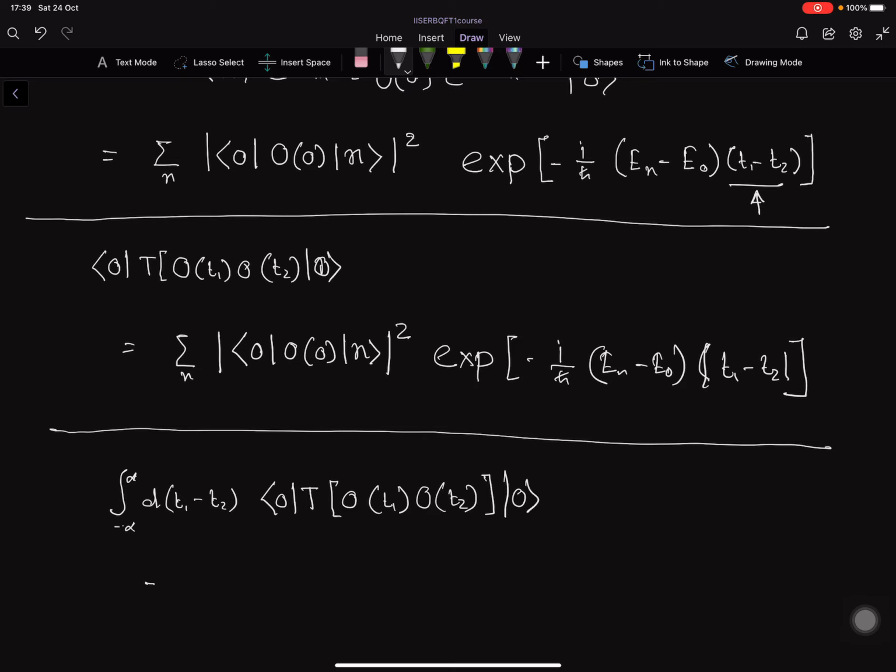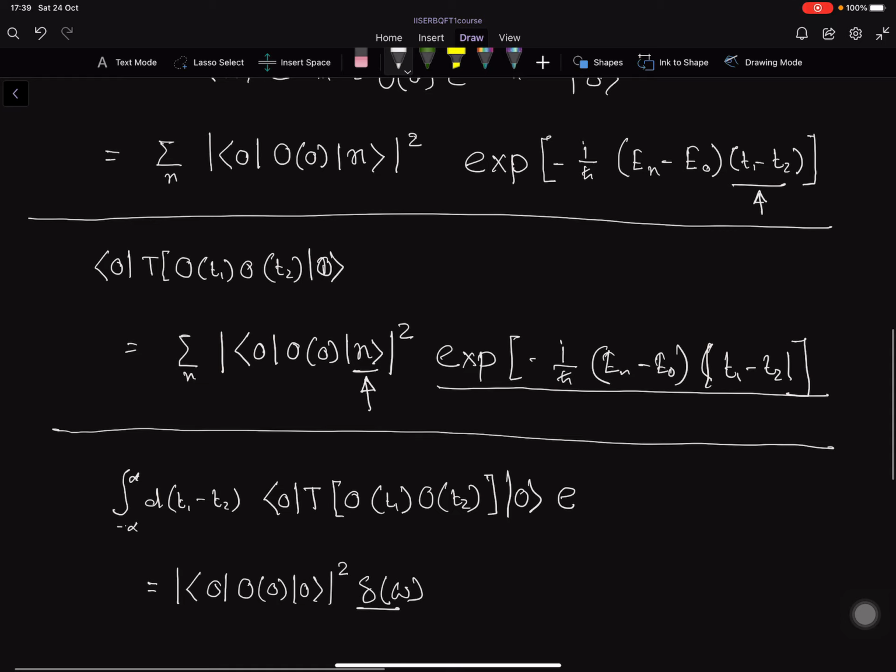Then this simply becomes a sum of terms, including the term with <0|O at 0|0> modulus squared times delta of omega. This delta function comes because when we take the state to be 0, the expression is completely vanishing. Oh sorry, I forgot to put the usual phase factor.